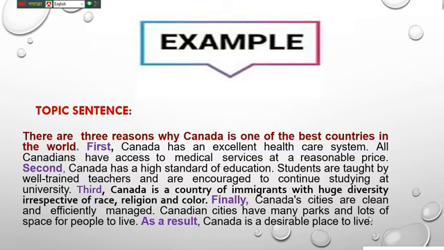So this is the topic sentence, and then we will have the supporting sentences, supporting details, or you can simply say the body of the paragraph. But it does not sound good, so we should use the word supporting sentences, and finally we have a concluding sentence.